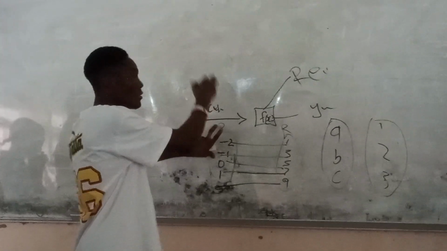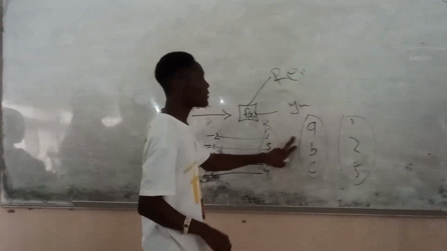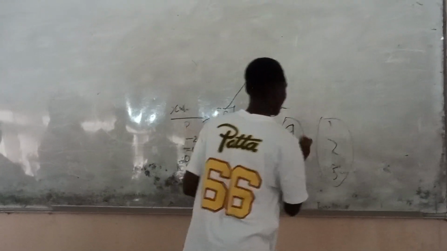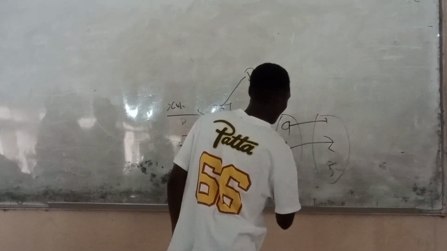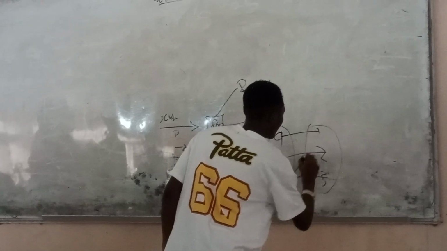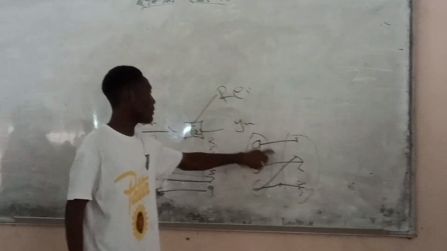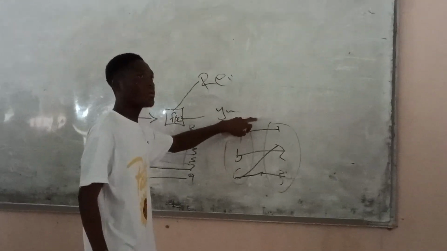For the surjective mapping, we have something like this, and something like this. This is a surjective mapping. Okay, that's a surjective mapping.